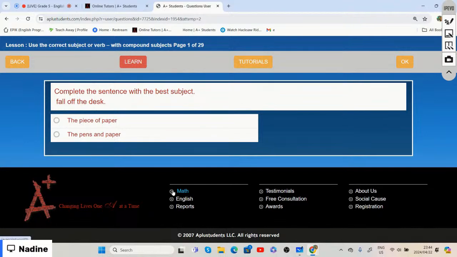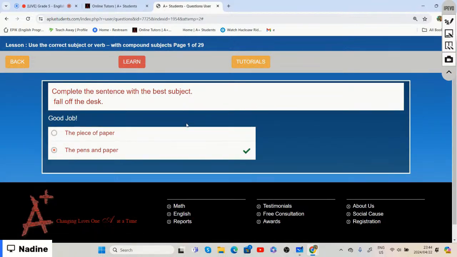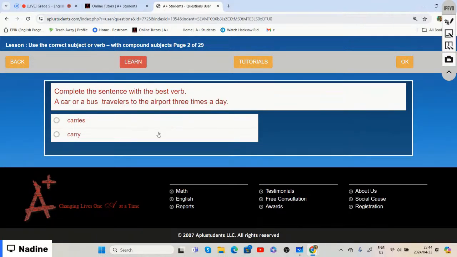All right, then if we choose the correct one, we'll say the pens and paper fall off the desk. So the second one is correct. So well done. Well done.